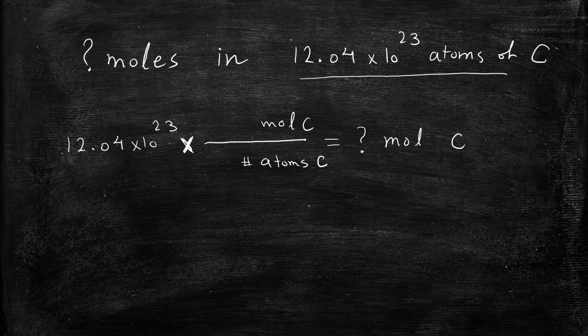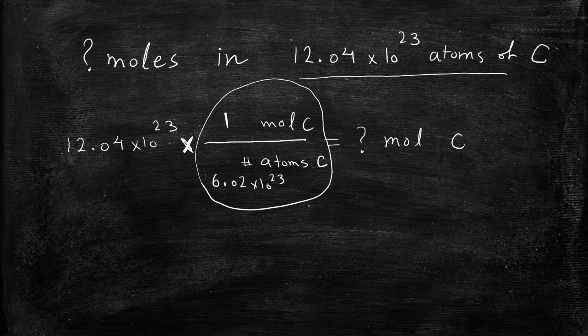Now I have to put some numbers into my conversion fraction or conversion ratio. We have to put numbers that are equivalent, so that they make the top and bottom equivalent. We know 1 mole of anything is 6.02 times 10 to the power of 23 atoms or number of those things. So that is our conversion ratio.